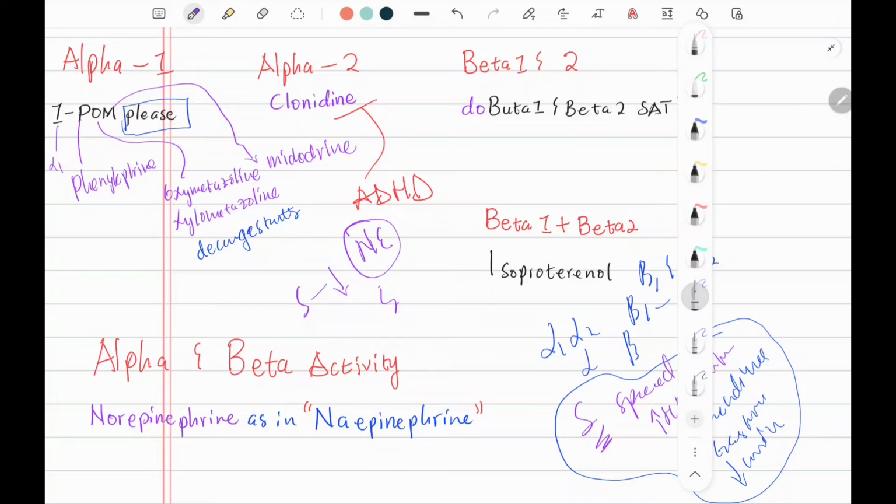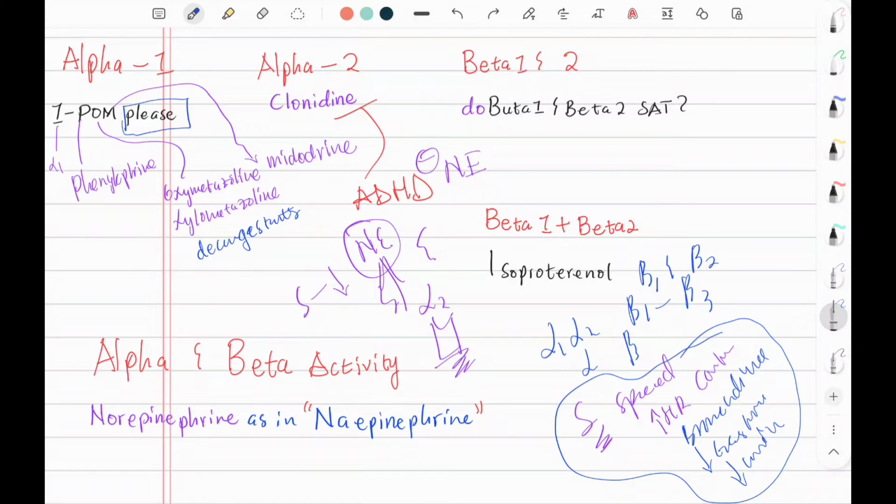This is the main neurotransmitter. We know we have epinephrine, but norepinephrine is the main one. And so when some of this norepinephrine binds to the alpha 2 receptor, what it does is it inhibits the release of subsequent norepinephrine. And so we have a drug which has been modified to selectively bind to the alpha 2 receptors, and when it binds, it inhibits the release of further norepinephrine, and so it opposes the action of the sympathetic system.